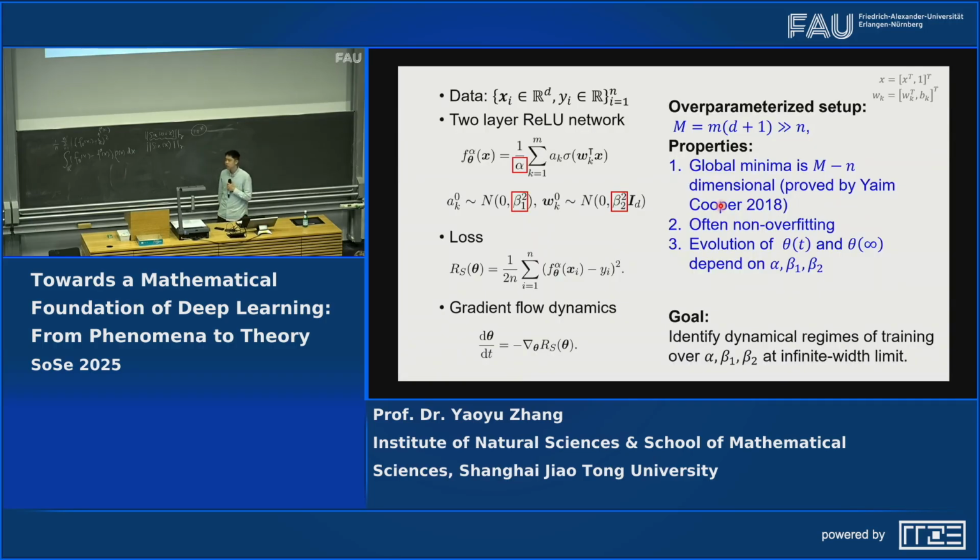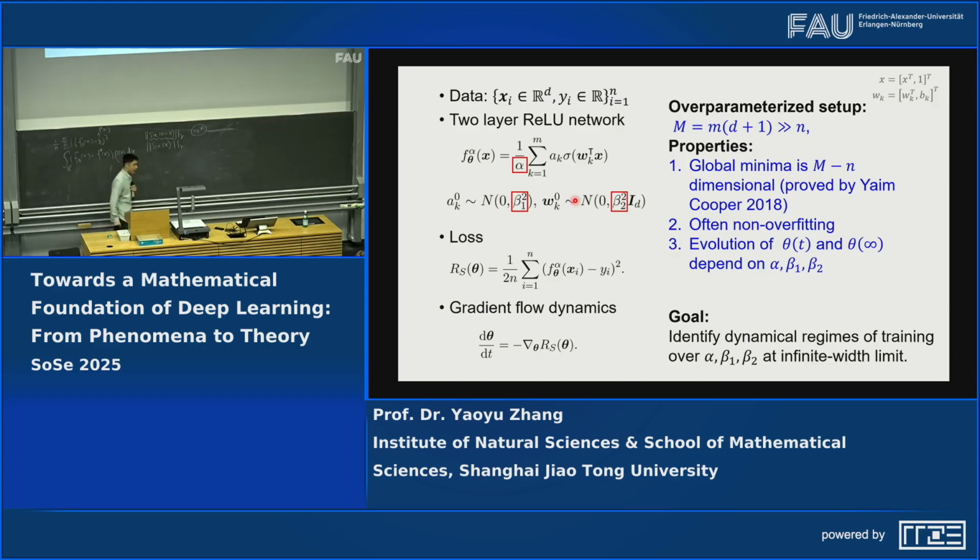To really understand this problem, the basic setup is a two-layer neural network. Of course, two-layer is a starting point, and it simplifies things. Also at that time, in 2018, there was another breakthrough regarding the mean field limit.